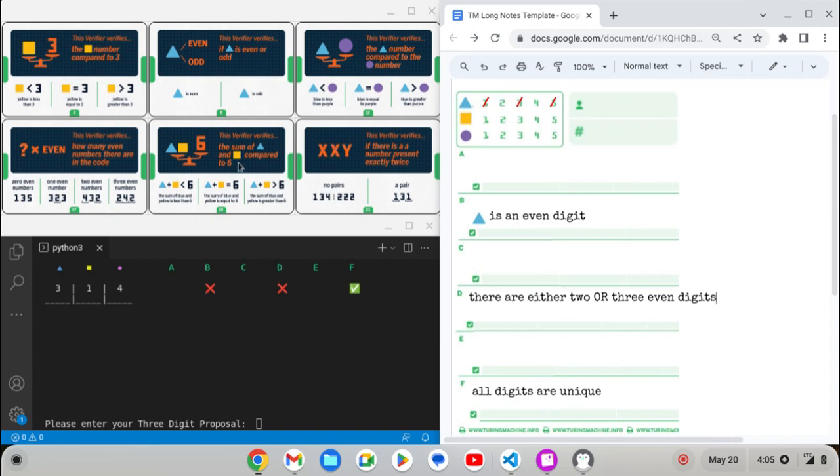So I think I'm going to construct my second proposal with some combination of 2s and 4s in for triangle and square, and that may kind of also hint at the fact that it's going to be all 3 different digits. So I have to construct my circle in a way that will help me also looking at C, and I think that's it. That's the only thing that'll help me.